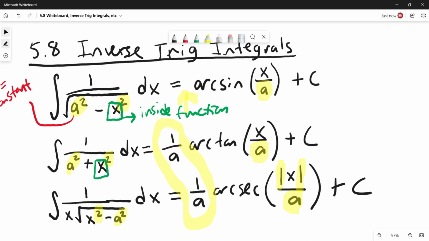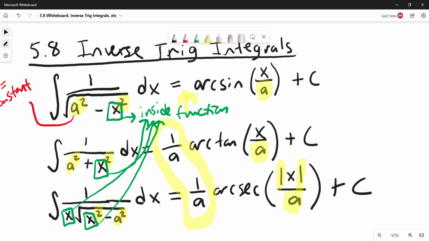Inside function goes here, or in this case, both here and here. So anytime you have something in here that's not just an x, you're going to have to take the derivative of that thing and have that present in the numerator.